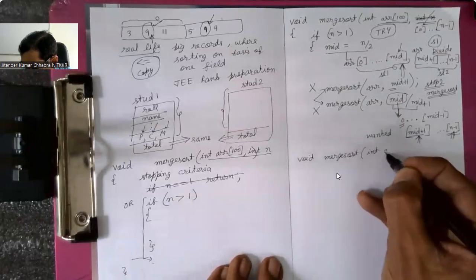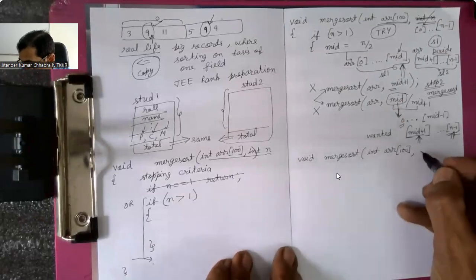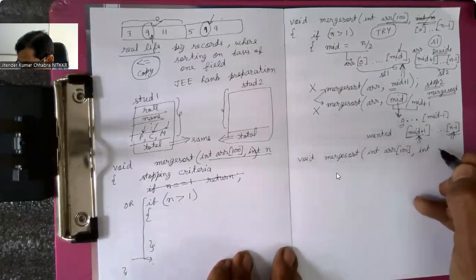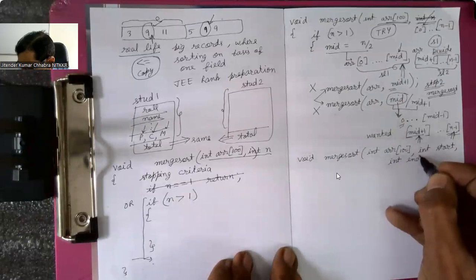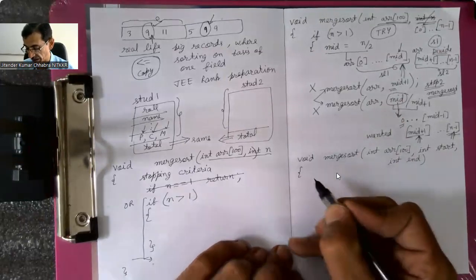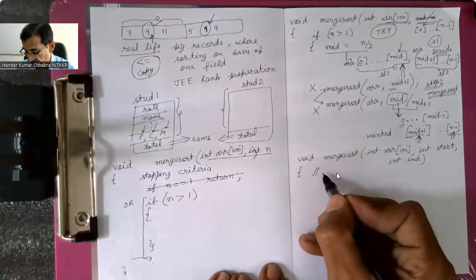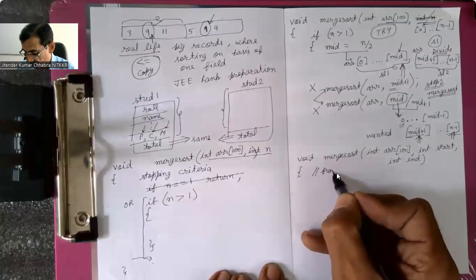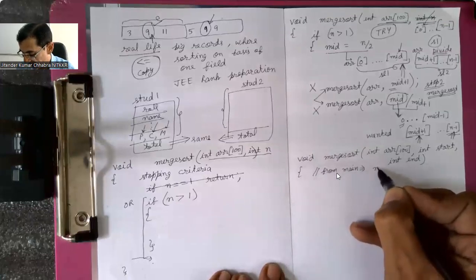I will not just supply the array, but also supply the starting point and the ending point. That will help me in making the recursive calls easy. But that will mean from main, my call should be now made in a different way.